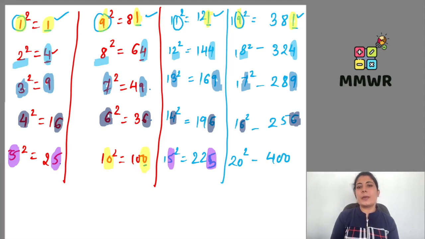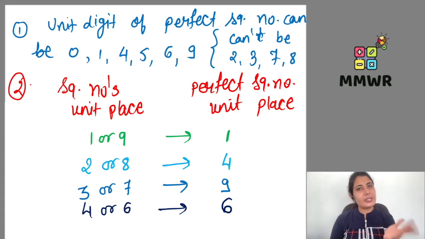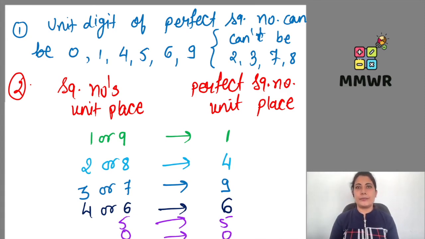If 0 is there, it will end up with 0. It just doubles the number of zeros. If the number itself has one 0, its square will have two zeros. If the number has three zeros, the number of zeros in the perfect square will be just double, 6 zeros. So in case of 5, it will have 5 only. In case of 0, it will have 0 only.